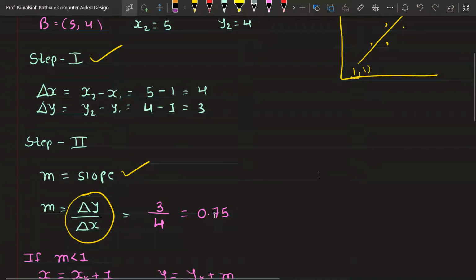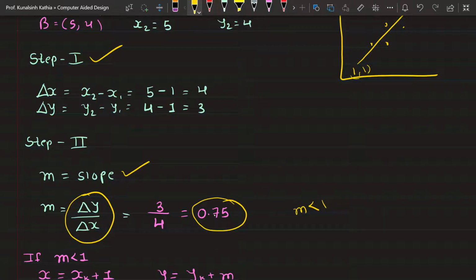Now this value is very important for me. You can see that this value is less than 1. In the DDA algorithm there are two cases: if m is less than 1 or greater than 1.